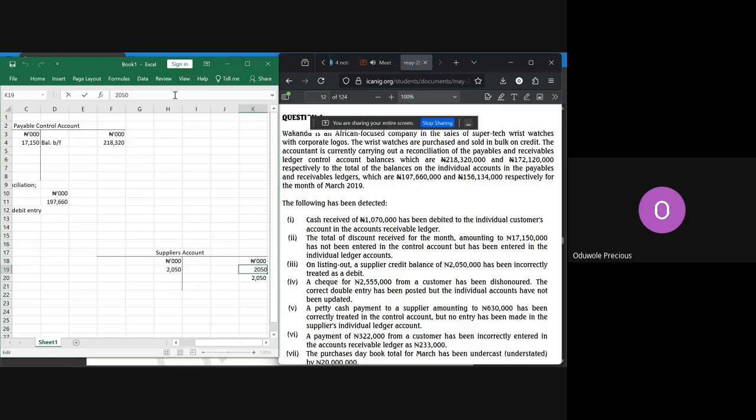Let me do it like this so that you'll be able to get what I'm saying. One will be negated. So one will negate the other, because anything on the debit side and on the credit side will affect each other.